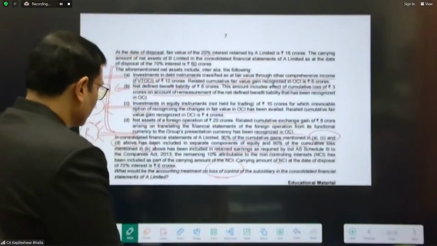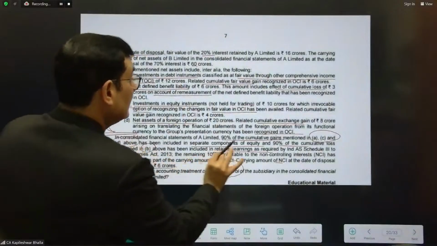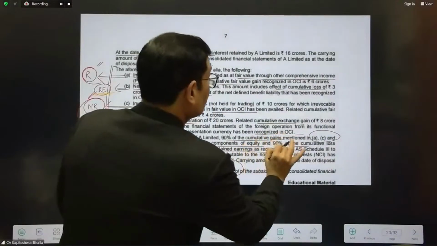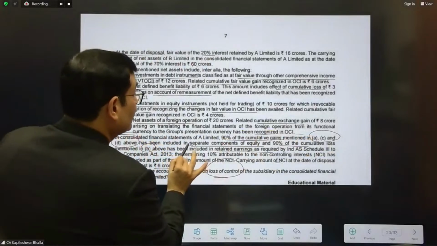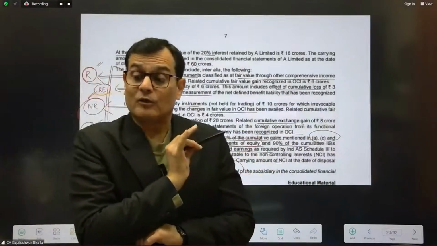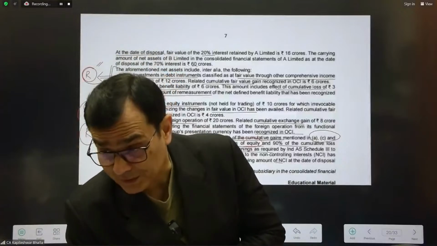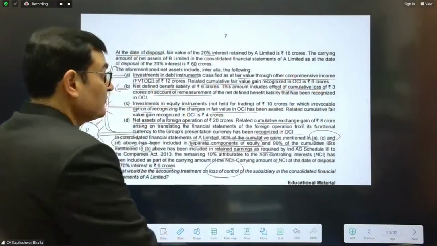Now see what is given in the additional information to get it started. It says 90% of the gains in A, C and D are included in the separate components of equity. Separate component of equity means tab number 3. 90% of these gains is taken in the separate components of equity, tab number 3.